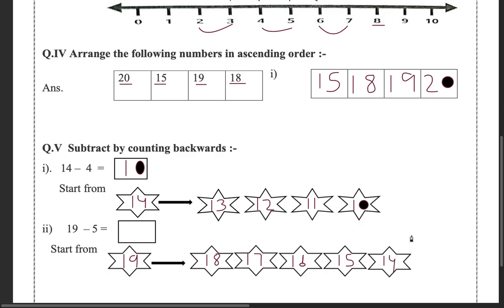So this is number 14. So 19 minus 5 is 14.